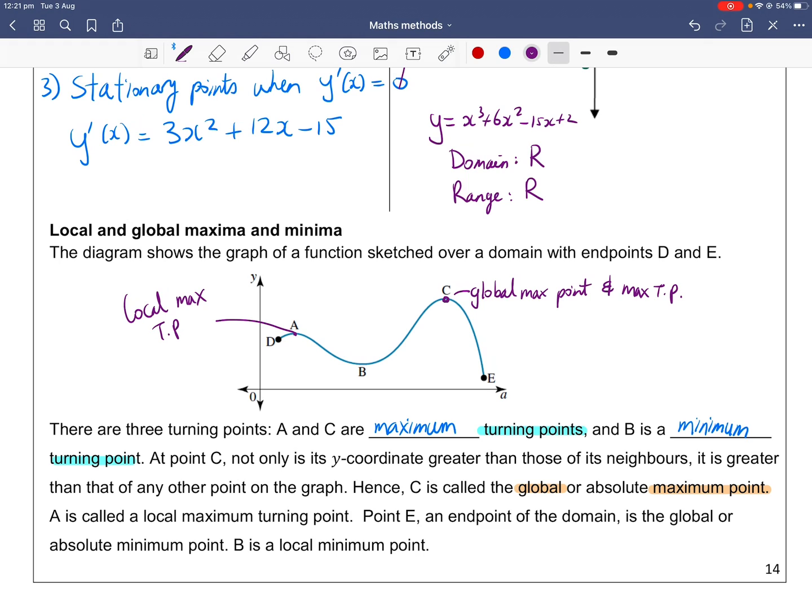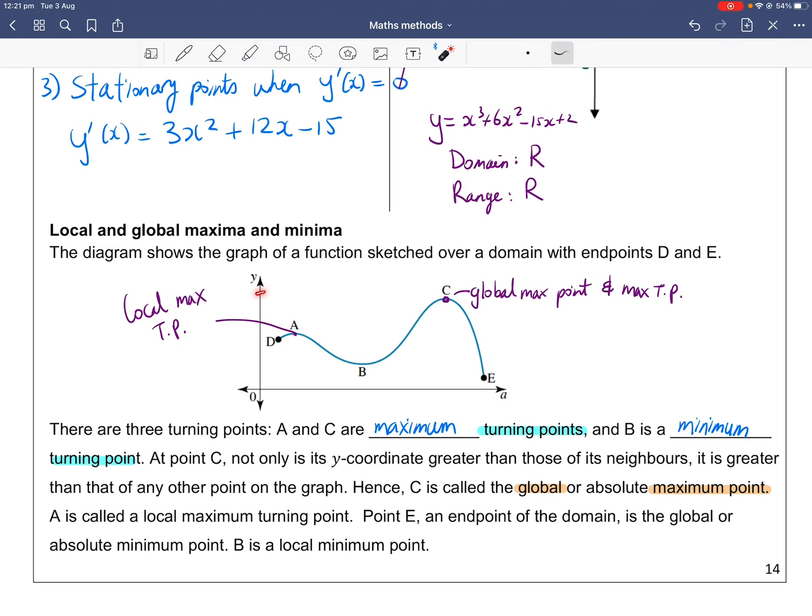It is a maximum, and in fact, it's a maximum turning point. So C has the highest y value, so it's called the global, so the overall maximum at the highest point, and it is also a maximum turning point. A is a local, because it's a maximum turning point around its area.